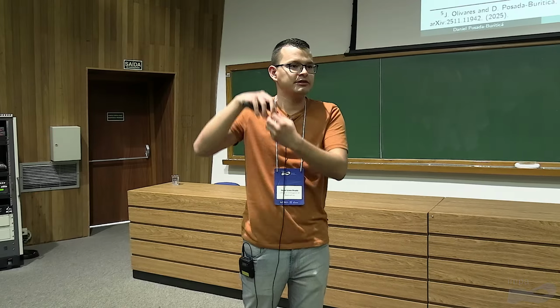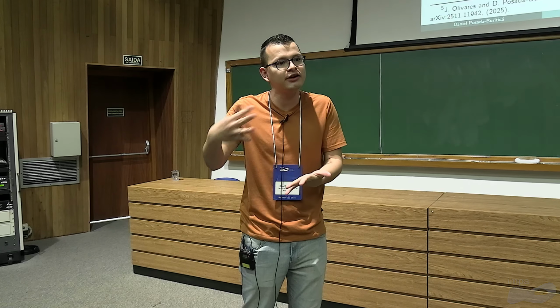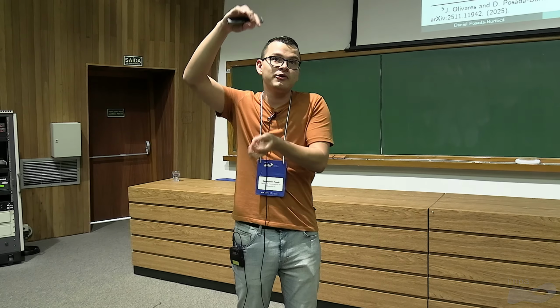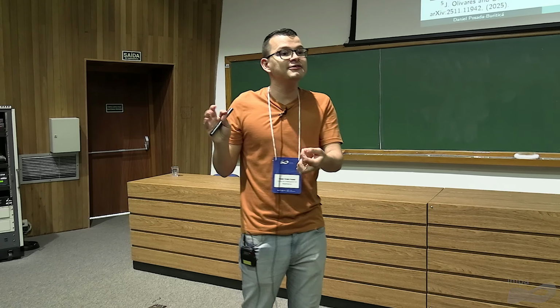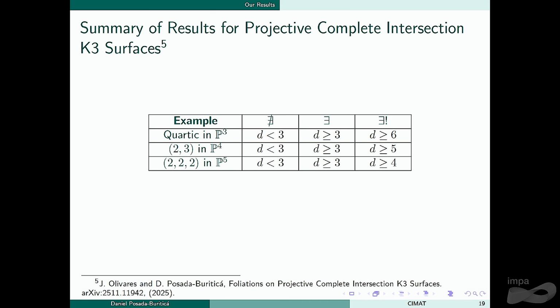There are foliations on P3 for D greater than or equal to 0, but for D equals 0, 1, and 2, there are no foliations that leave the surface invariant. And in the second column, you have foliations, but they are not determined by the singular set. Yes.